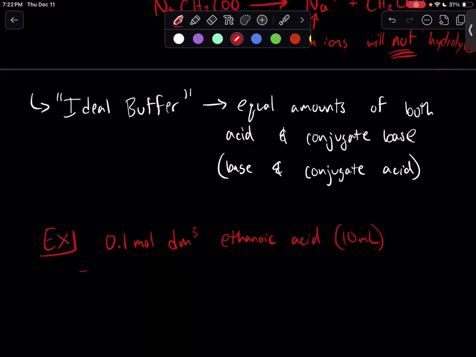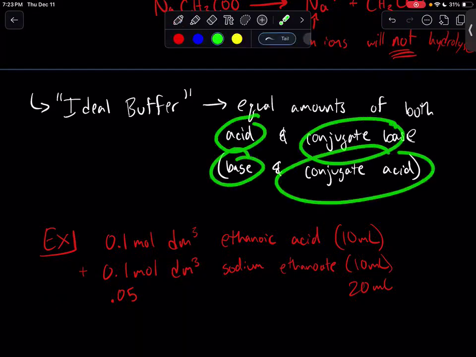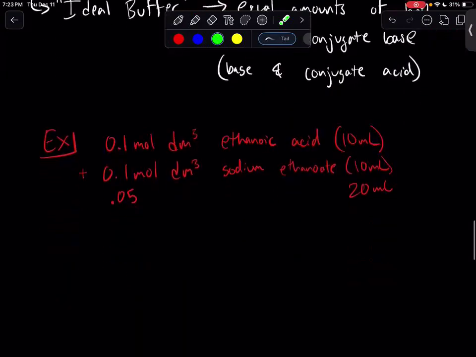And we then add that to 0.1 mole per decimeter cubed of sodium ethanoate, and we would also do 10 mils. We can change that up. Maybe we do 0.05 and 20 mils, but we still have the same amount of moles either way. So you want to make sure that your moles of both the acid and conjugate base are the same. You want the same amount of moles of each. So this is how we can create a buffer.